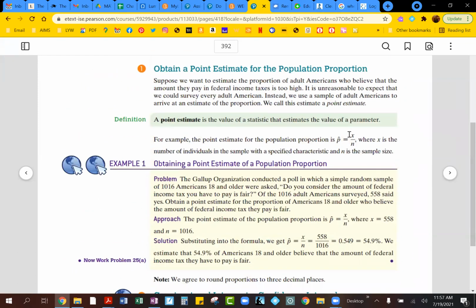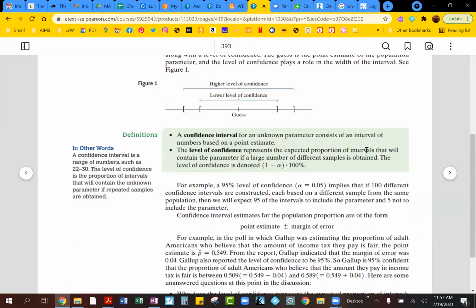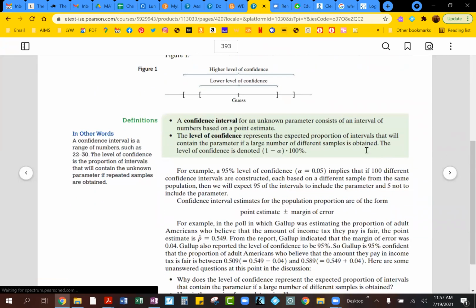You can see that right over here, the p hat is equal to x divided by n, x of course being the number of individuals, or whatever they're looking at in your sample, and then n would of course be the sample size, the total number of the sample that was studied, and then how many people were in favor of or against, depending on whatever the question might be. So definitely use your textbook for your formulas and stuff.